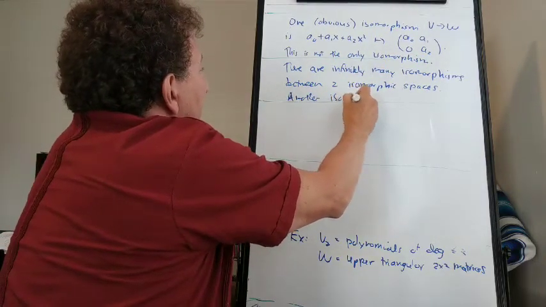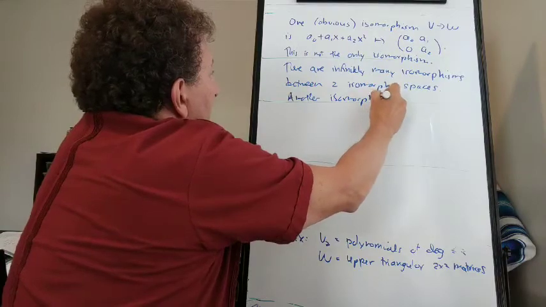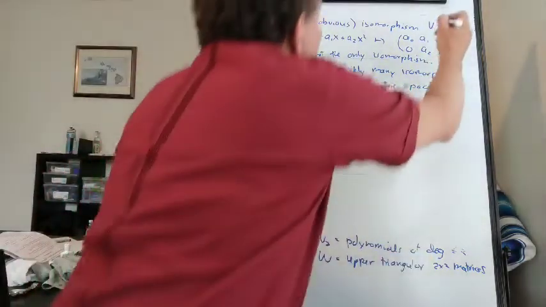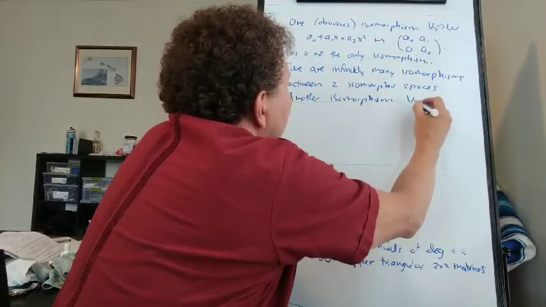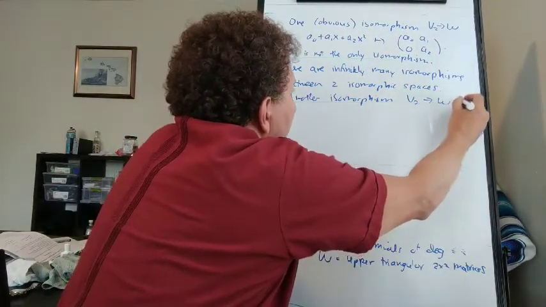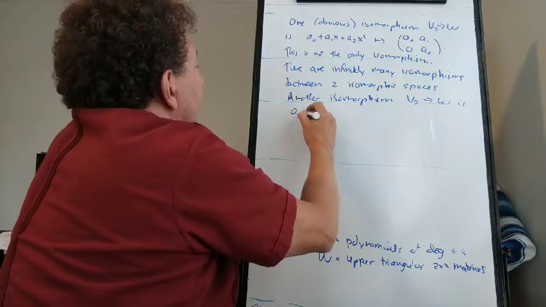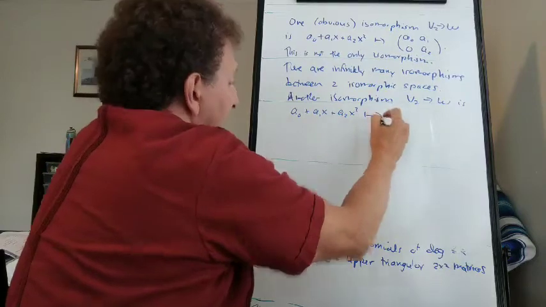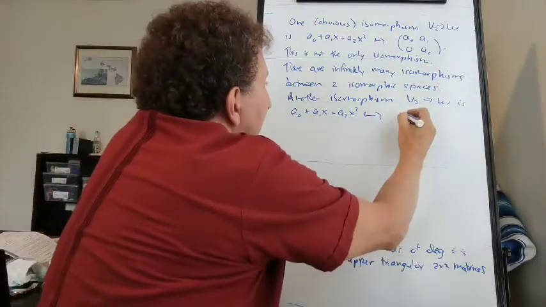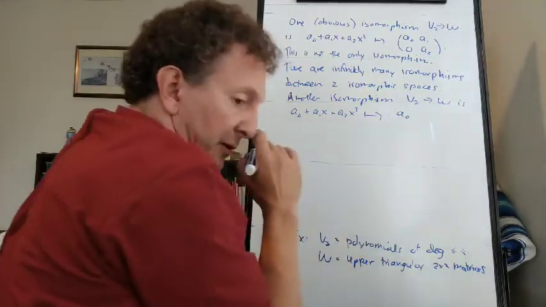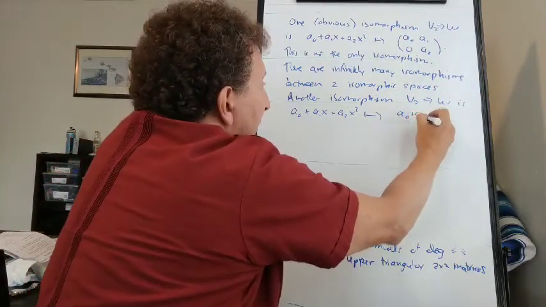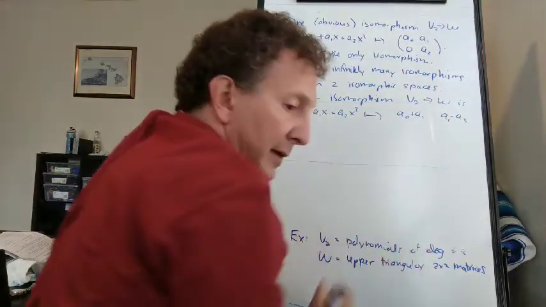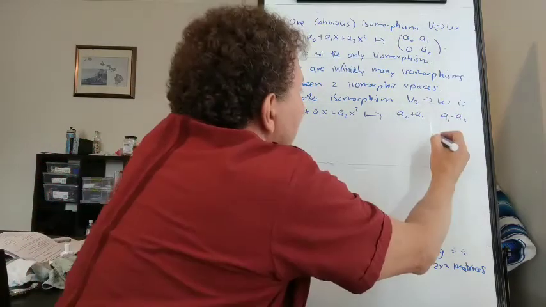So another isomorphism from V2 to W is we can take a0 plus a1x plus a2x squared and map it to the matrix whose entries are a0 plus a1, a1 minus a2, and a0 plus 2a2.